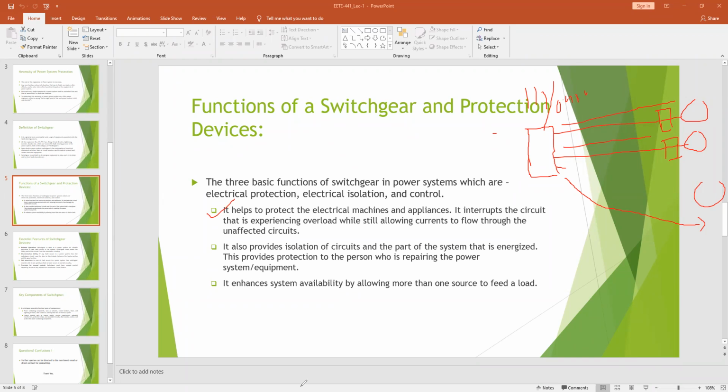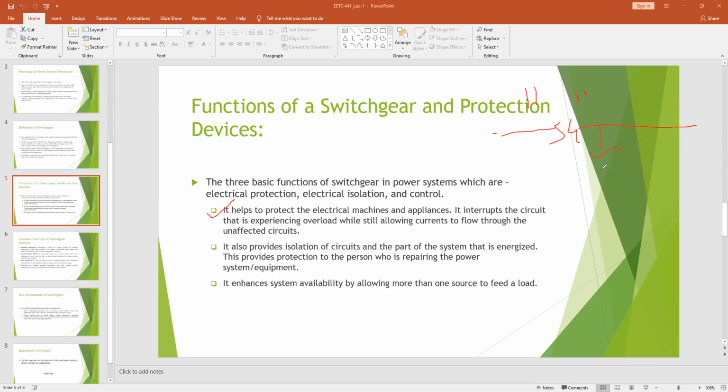The second one is electrical isolation. It is quite similar to the previous one, except it provides isolation. Whenever some abnormality is found here, let's take another example. Say, for example, this is one of the transmission lines.